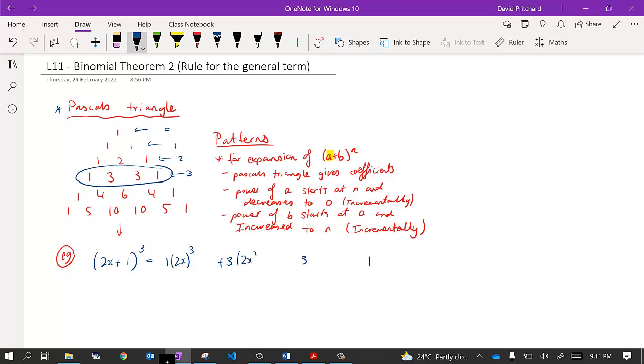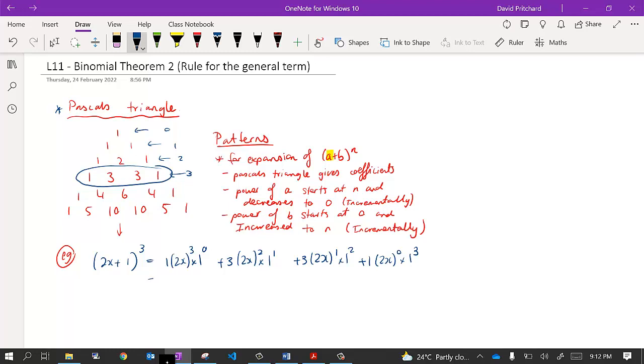We've got 2x to the power of 2, 2x to the power of 1, and 2x to the power of 0. And with the second term, the b term, which in this case is 1, it starts off with minimal power, so it starts off at 0 and increases to that maximal power of 3. All right, so that's our pattern.